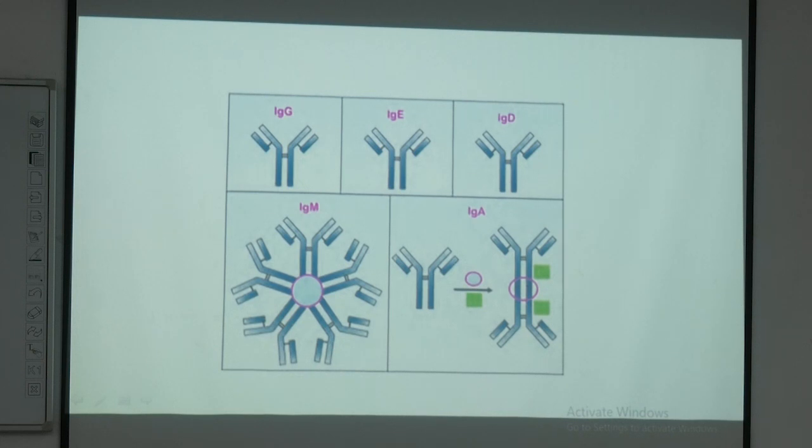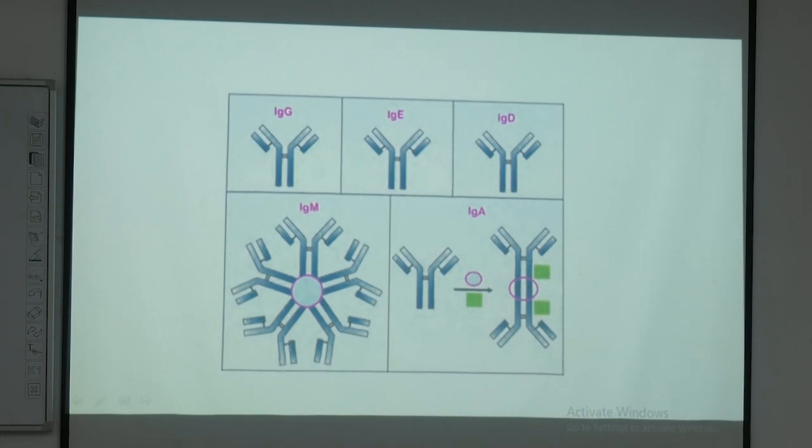Generally in a monomer, there are 4 polypeptide chains. So here how many polypeptide chains are there? 4. So here it is a pentamer, so how many polypeptide chains will there be? You can just calculate.